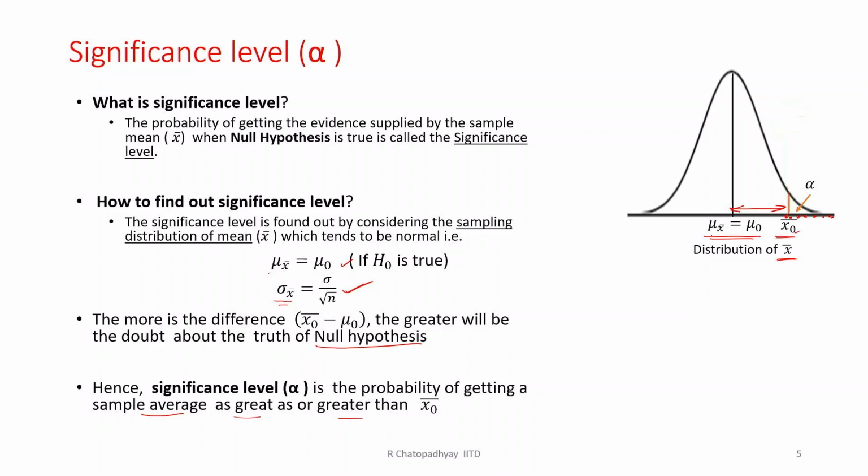So that is the probability that an observed sample mean may fall on x bar 0 or beyond. This probability is basically the area of the small part of this curve. And this area is alpha, and we call this probability the significance level. If this is 5%, we call it a level of significance of 5% or 0.05.